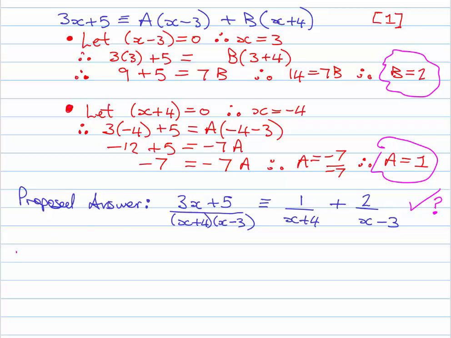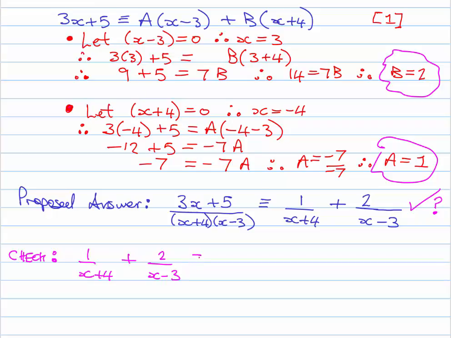Let's do a check. Let's do a check on our proposed answer. 1 over x plus 4 plus 2 over x minus 3. Let's see if I can move that line over there, makes it look a bit better. Okay.